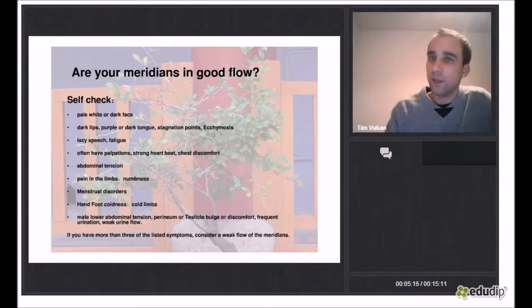If we talk about the flow of the meridians, you can see we prepared a self-check method to see for yourself if you have a good constitution, if you have a good flow with your meridians.